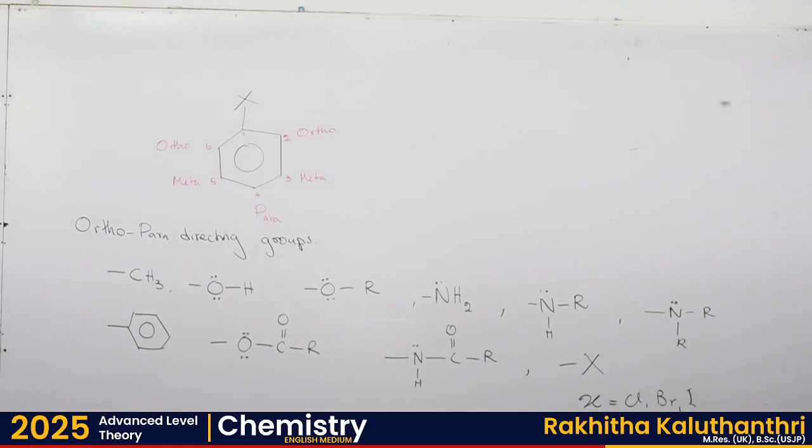Okay, are we done? After this, please write as a new point: almost all the ortho-para directing groups have a lone pair that can get delocalized into the benzene ring.